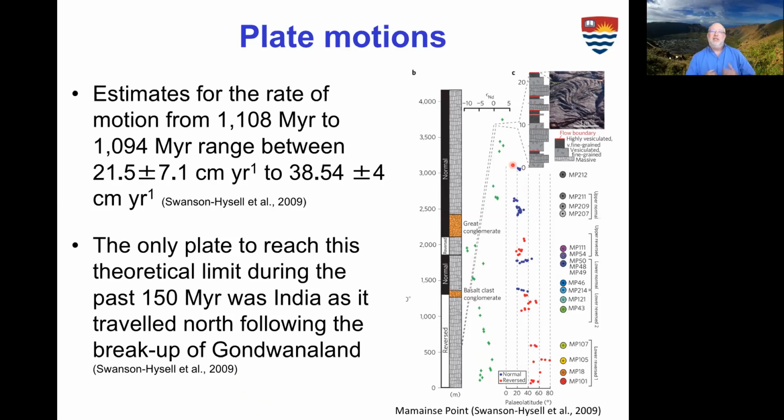What he suggested, based on that and his geochronology, is that the plate motion rates were about 20 to 40 centimeters per year. The only other time we get that theoretical limit being approached was when India was moving north before it slammed into Asia to give us the Himalayas. That's a really rapid rate of plate movement.